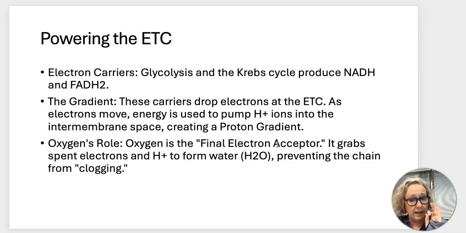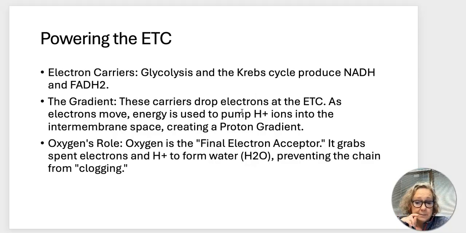Remember, the carriers drop the electrons at the electron transport chain, and the hydrogen ions go against their concentration gradient, up and along, and then down the hydroelectric pump, the spinner, the generator that makes our ATP.